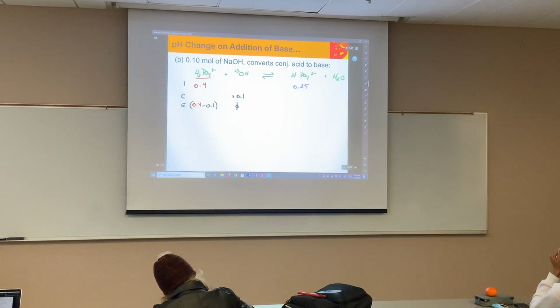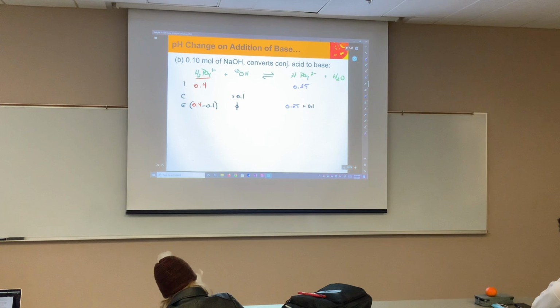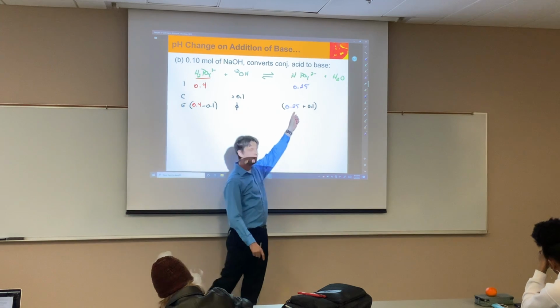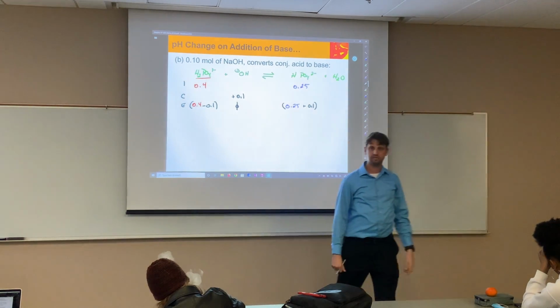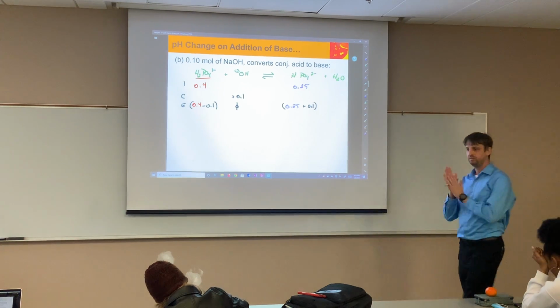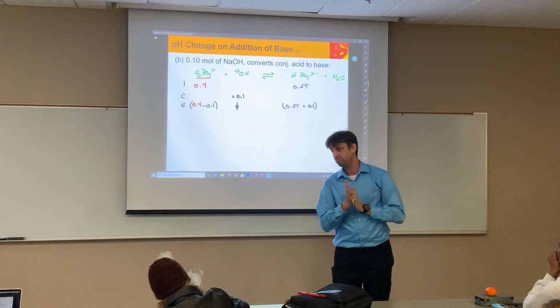What happens on the other side here? 0.25 plus 0.1. Good? Because if we react our acid, it turns into its conjugate base. Okay? And do we care about water? Nope.